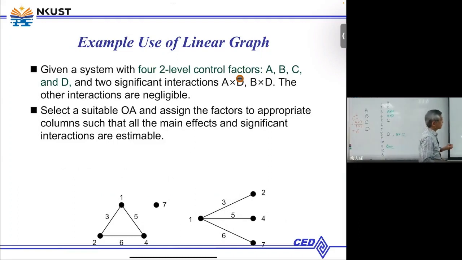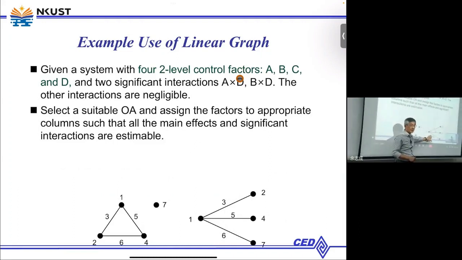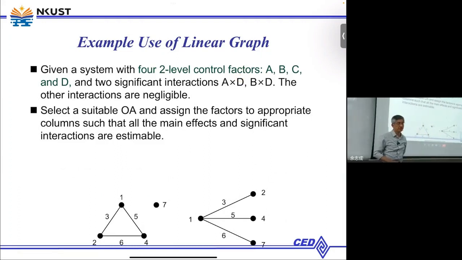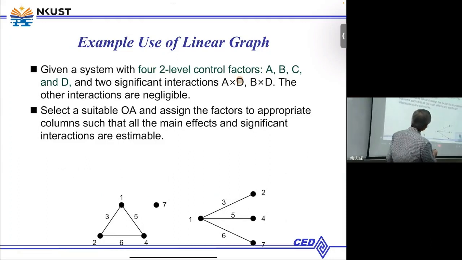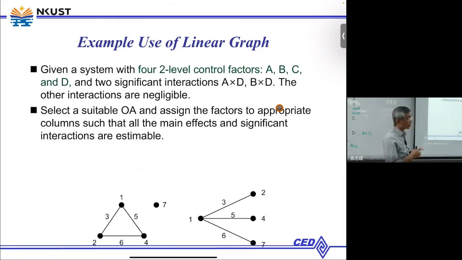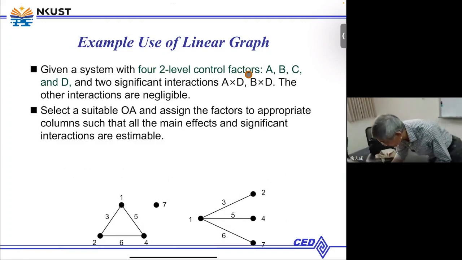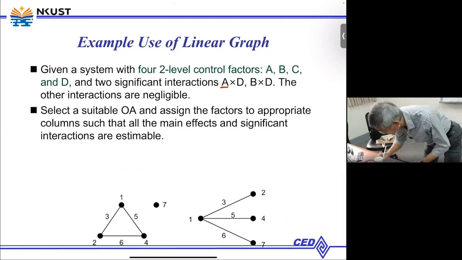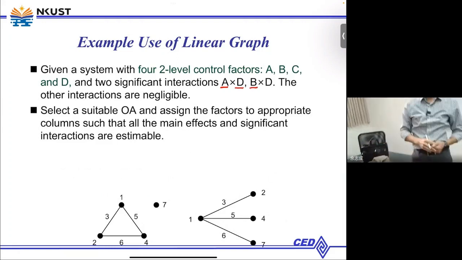Then we have two linear graphs, right? Because we want to arrange that in L8, we have two linear graphs to select. Let's look at the factors. As I suggested before, we need to assign the factors which happen in the interaction first. We know A happens in the interaction, D happens in the interaction, and B happens in the interactions. So we need to assign A, D, and B first.